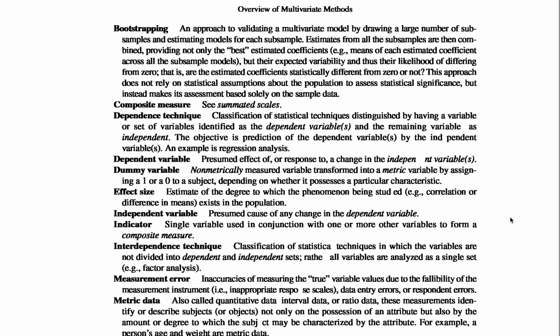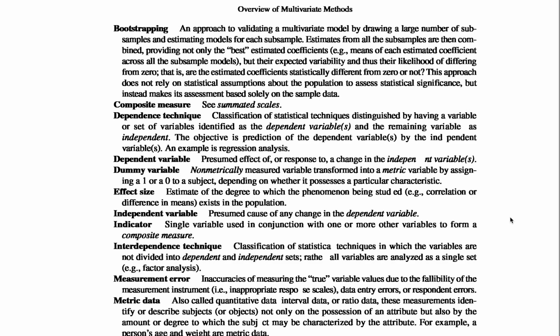The objective is prediction of the dependent variable by the independent variables. An example is regression analysis. Dependent variable, presumed effect of or response to a change in the independent variables.